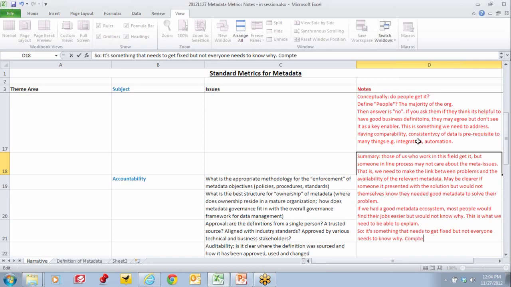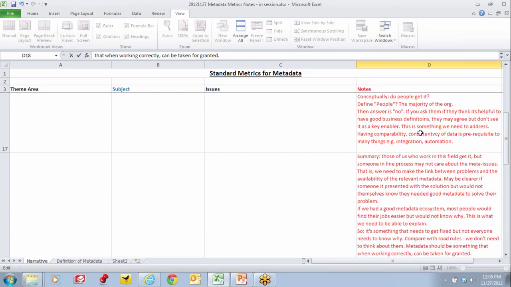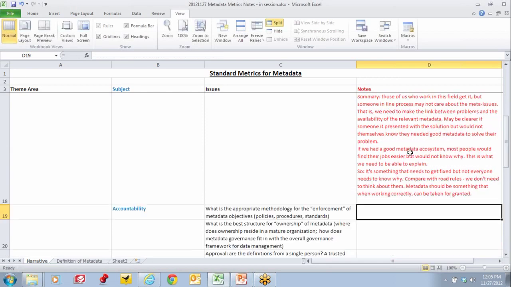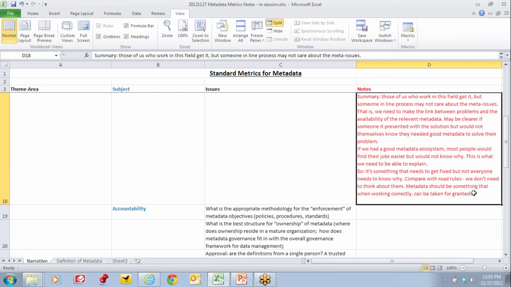Right. And so I think they probably recognize the value of it if they're new to the system and they're trying to find the information that they need, and they're assuming that it's one thing when it might be another, and then they painfully learn that they were wrong in their assumption. That's the point at which, if they were presented with a solution, they would say, yeah, that's exactly what I need. But I would agree with Sheila that in most cases they wouldn't know that they needed good metadata in order to have prevented that problem.